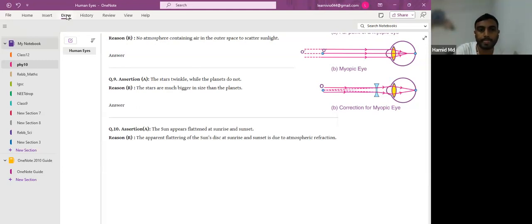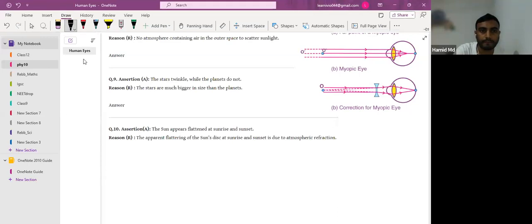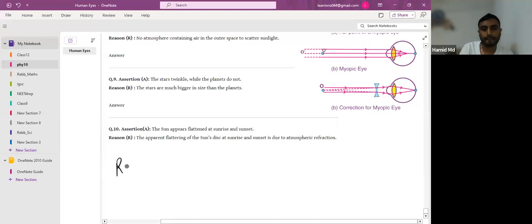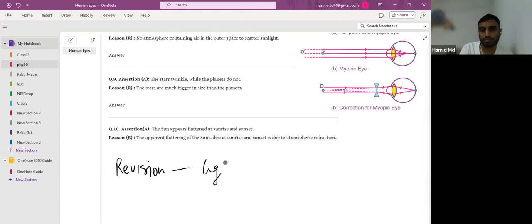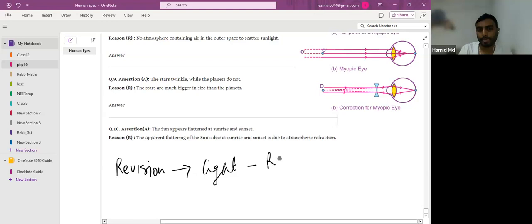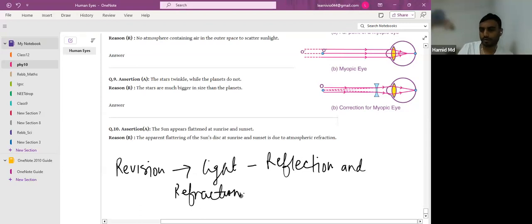What is light? Revision of the chapter: light, reflection, and refraction.